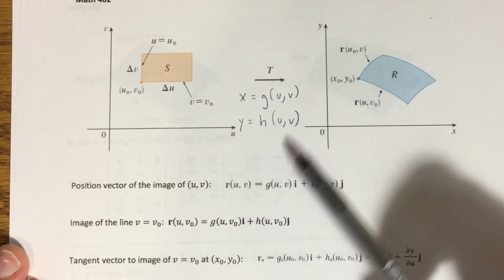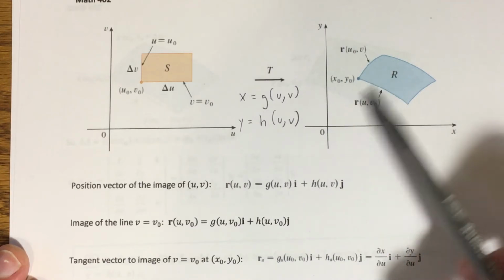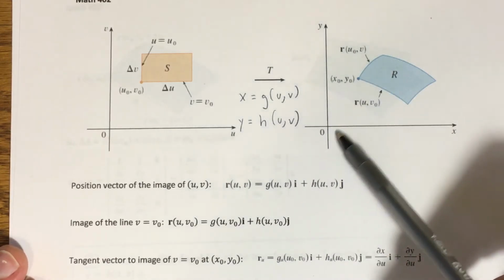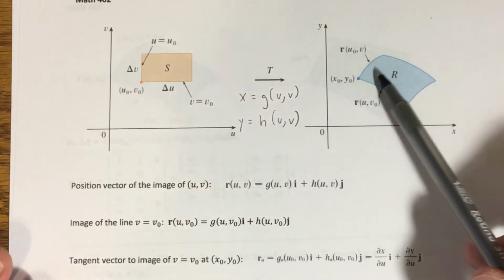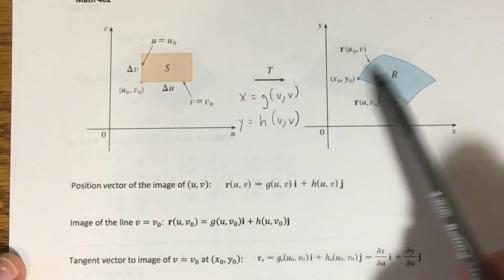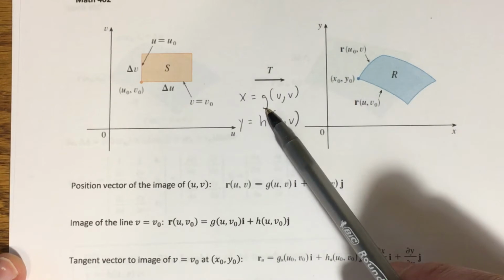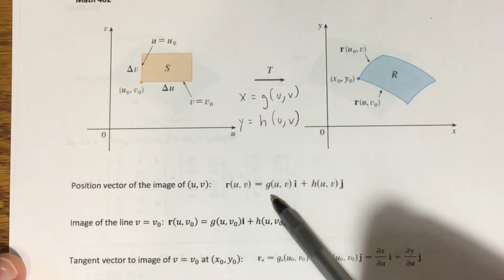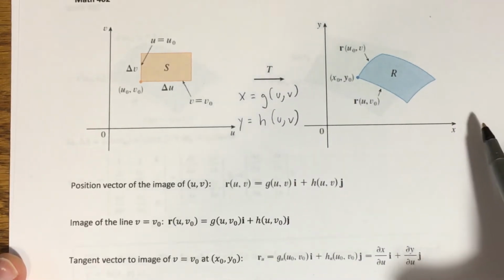Now I know that the position vector of any point in the XY plane will have components that look like the coordinates of that point. And the coordinates of the point, x, y, are given in terms of g of u, v and h of u, v. So that's why the position vector looks the way that it does here.